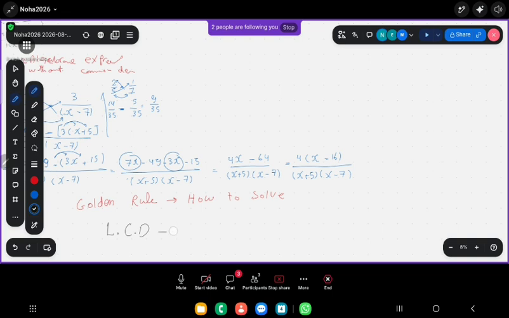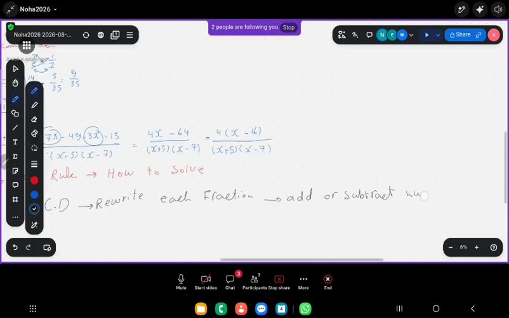And then we have to rewrite each fraction using the lowest common denominator, with the new denominator. Now, both fractions have the same denominator. Add or subtract the numerators.